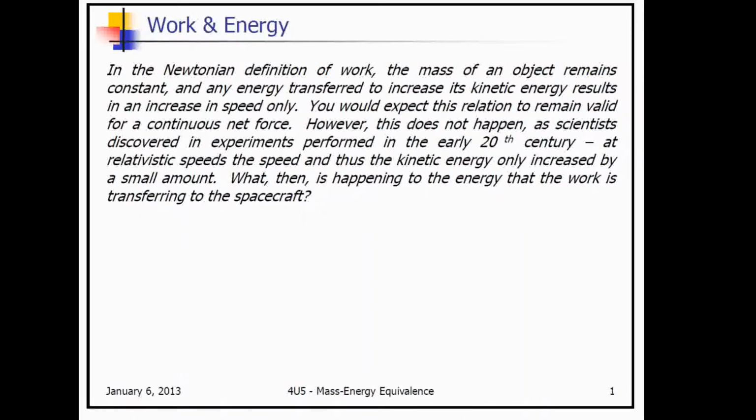But as soon as we start to approach relativistic speeds, our velocity is getting closer and closer to c. We can't hit c because c is our universal speed limit. So we have to have an increase in mass instead. So that's how we increase our work done.